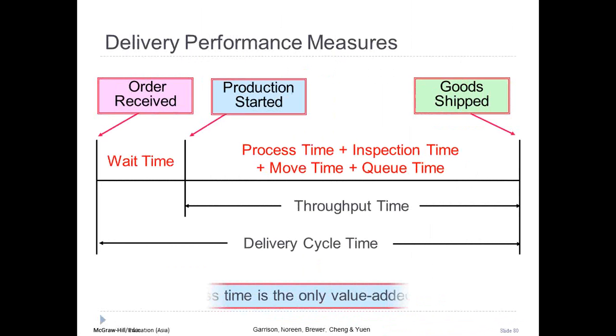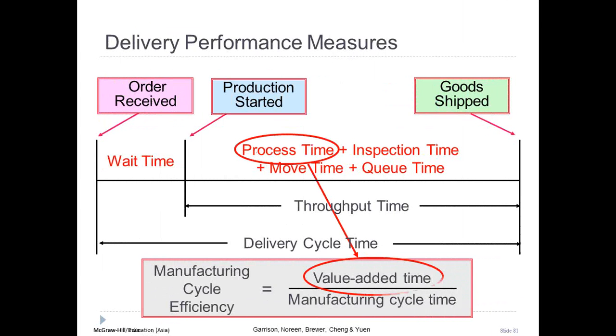Throughput time, or manufacturing cycle time, is the amount of time required to turn raw materials into completed products. This includes process time, inspection time, move time, and queue time. Process time is the only value-added activity of the 4 times mentioned.